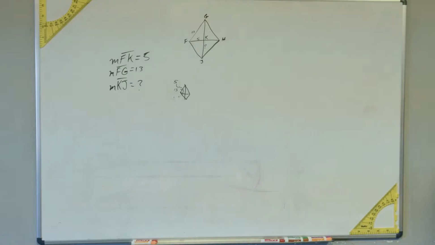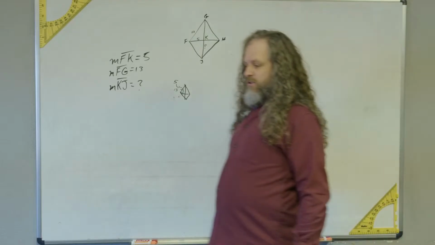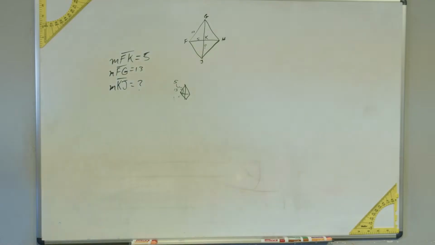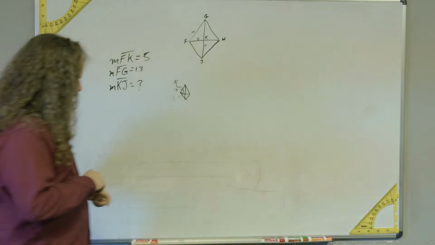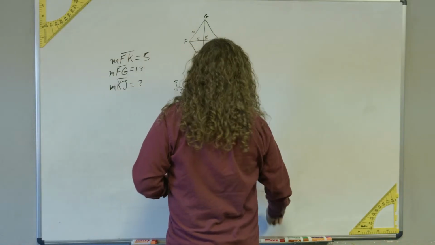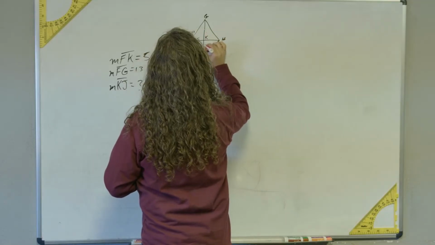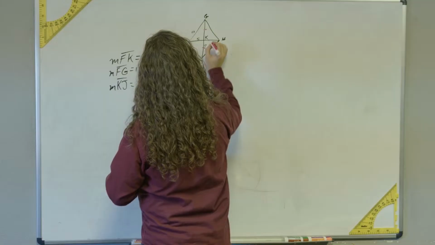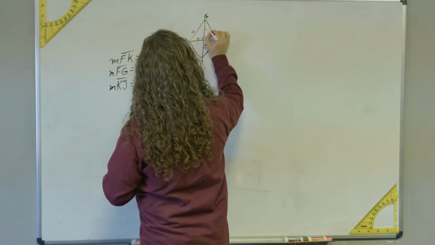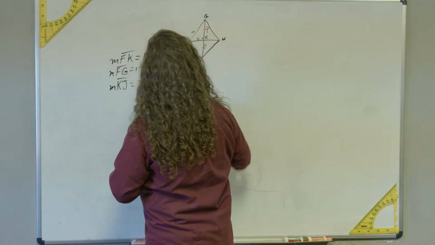What's true about the diagonals of a parallelogram? They're not always congruent. If it's a rectangle, they are. What do they do to each other if it's a parallelogram? They bisect each other, which means that this side that we're interested in is the same as this side. Also, since it's a rhombus, this is a 90-degree angle. So if we find this one, then we'll have our answer.